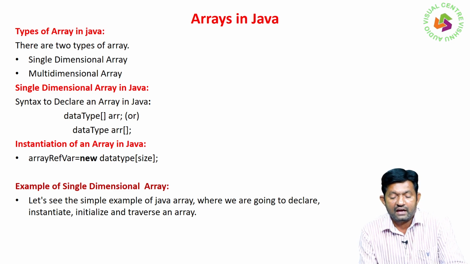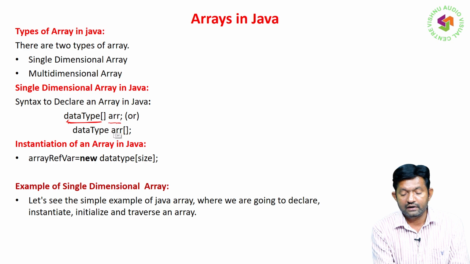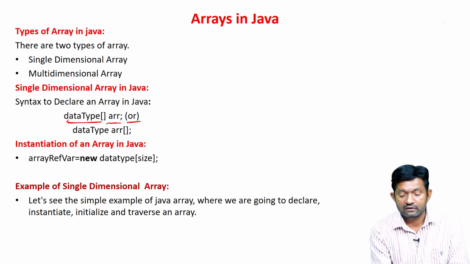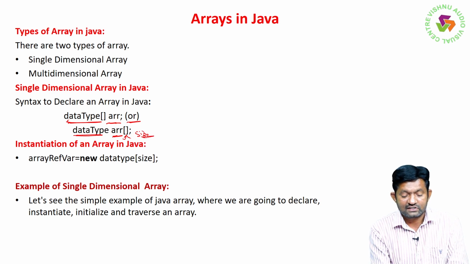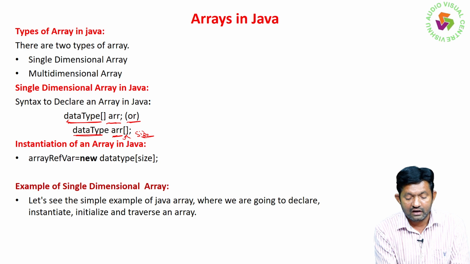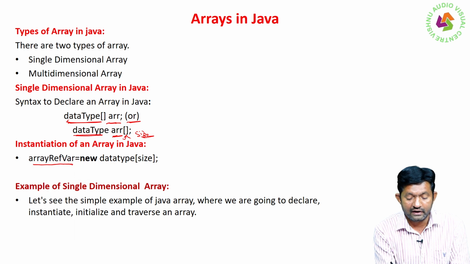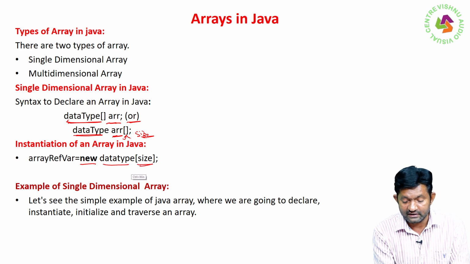Single-dimensional array in Java. The syntax to declare an array in Java is data type, name of the array, and size. Next, instantiation of an array in Java, that is, the array reference variable is equal to new data type of size.